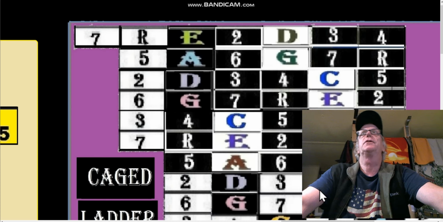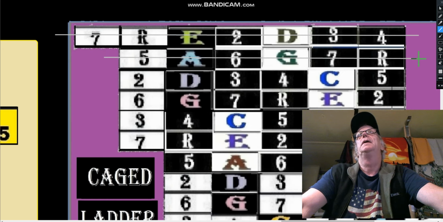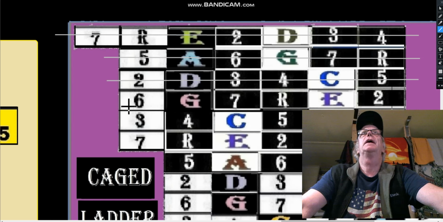These are the strings, and the chart labels are underneath the strings.